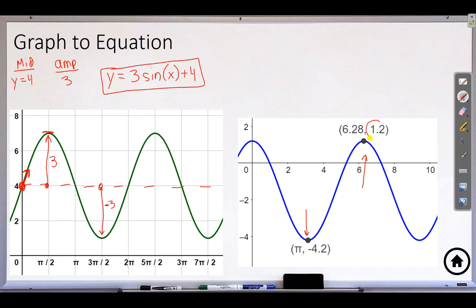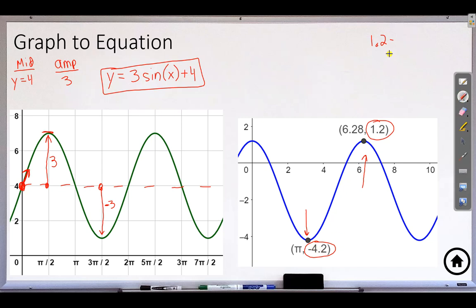We take a look at the y values. So 1.2 and negative 4.2. First thing we do is we subtract those to find the total distance from top to bottom. So we'll do 1.2 minus 4.2.